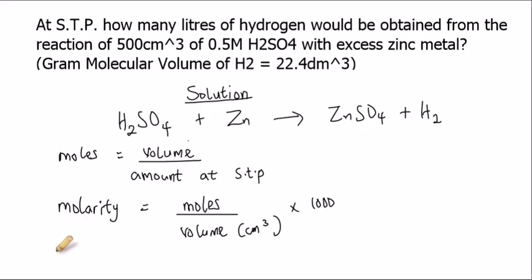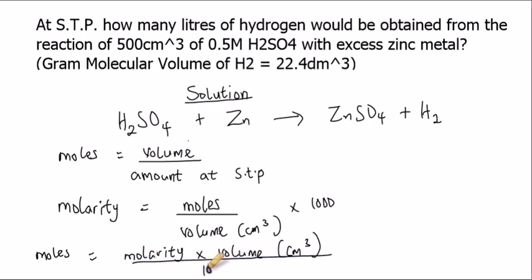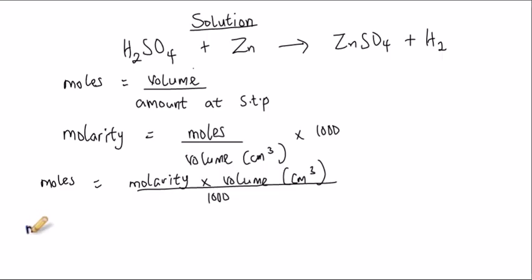Number of moles, do not forget it is moles of H2SO4 we need to get first. Then we can see from here, making moles the subject, moles equals molarity, we are cross multiplying, times volume in cm³ divided by 1000. The moles of H2SO4 is then equal to the molarity given in the question, which is 0.5, multiplied by the volume.